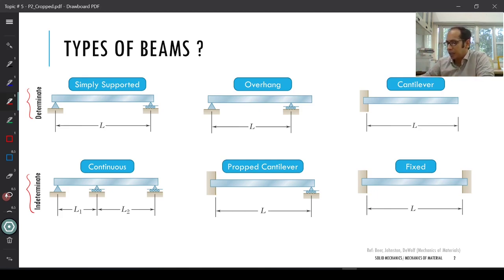For example, in the first couple of cases, the simply supported case and the case with the overhang, if you draw the reactions, you will have two unknowns, and similarly for the overhang you will have two unknowns. So you have two unknowns and two equations of equilibrium, statically determinate, so they are easy to solve.